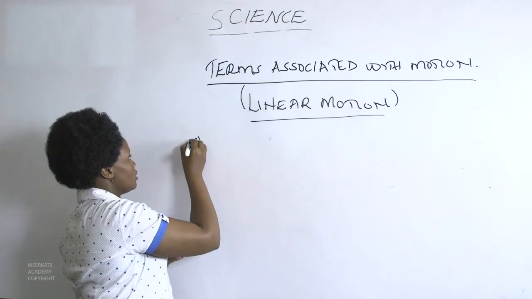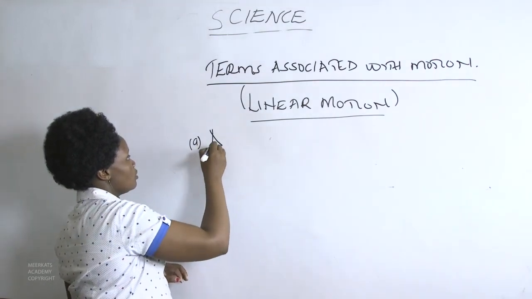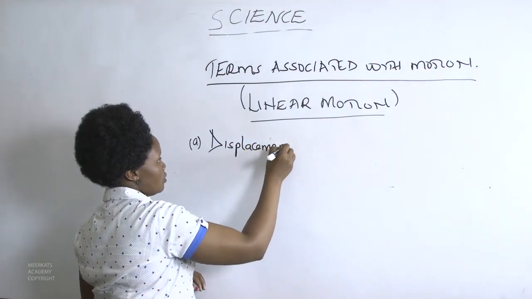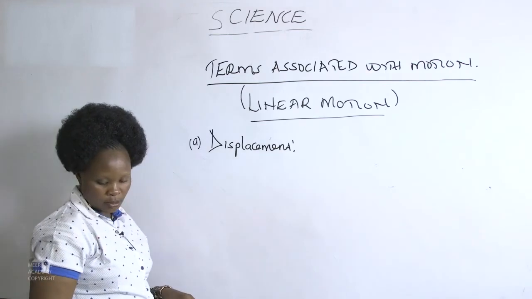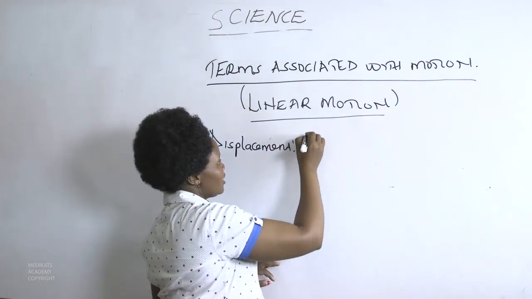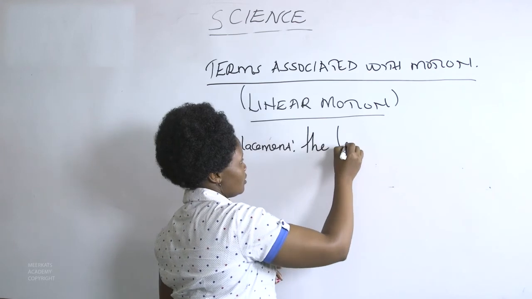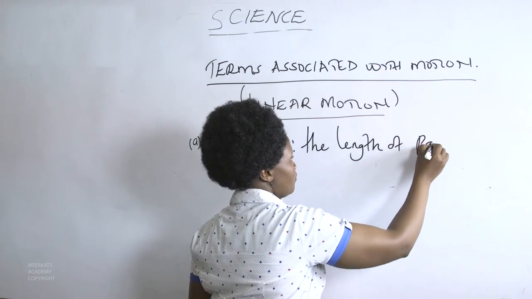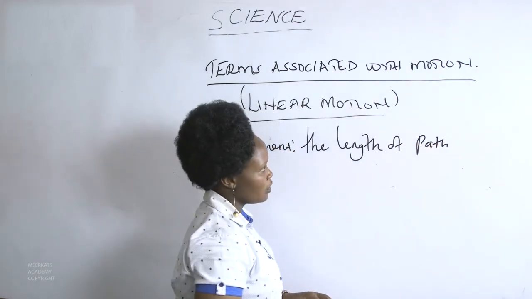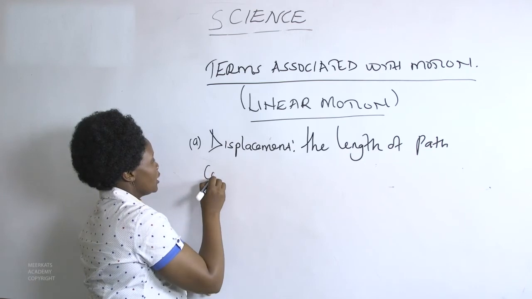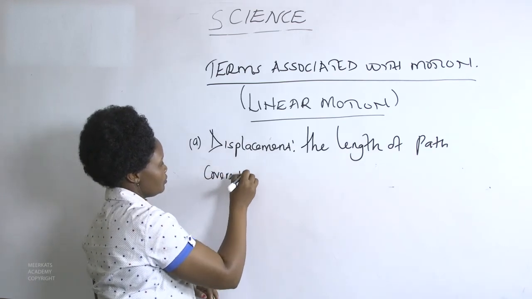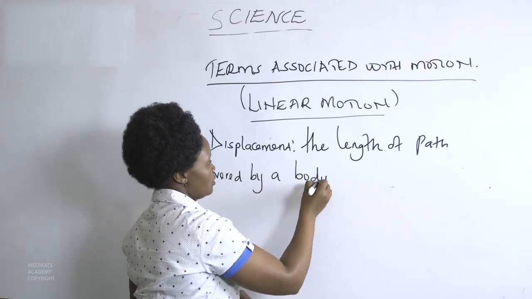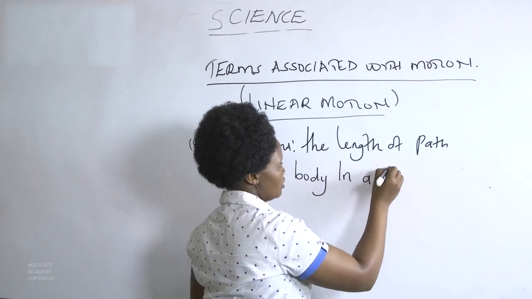A is what we call displacement. Displacement is the length of path covered by a body in a straight line.